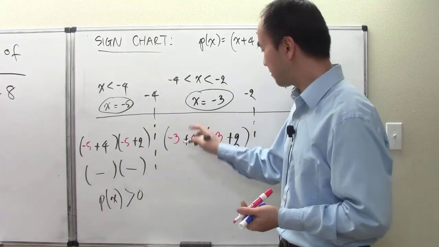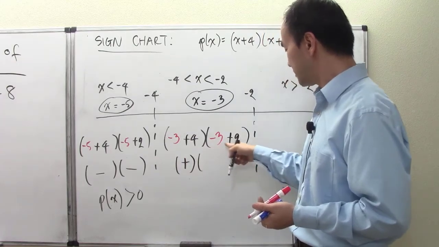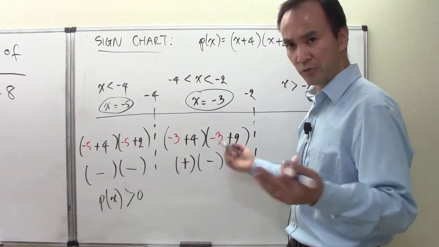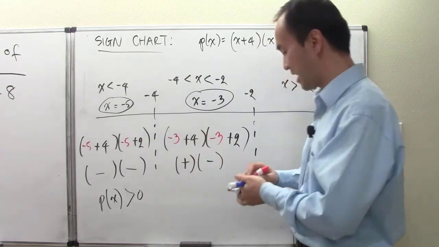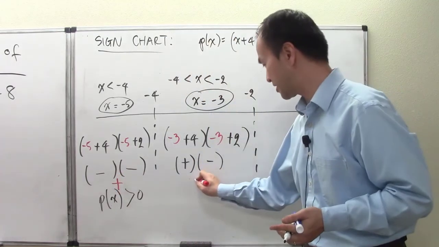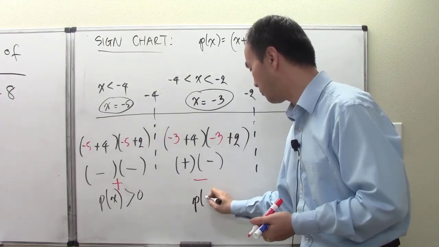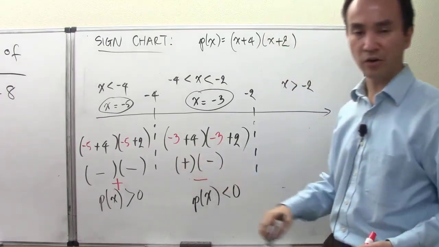So -3 plus 4 is a positive factor, but -3 plus 2 is a negative factor. By the rule of multiplication, positive times negative gives negative. It was positive there, now it's negative here. So my polynomial must be negative in this interval.